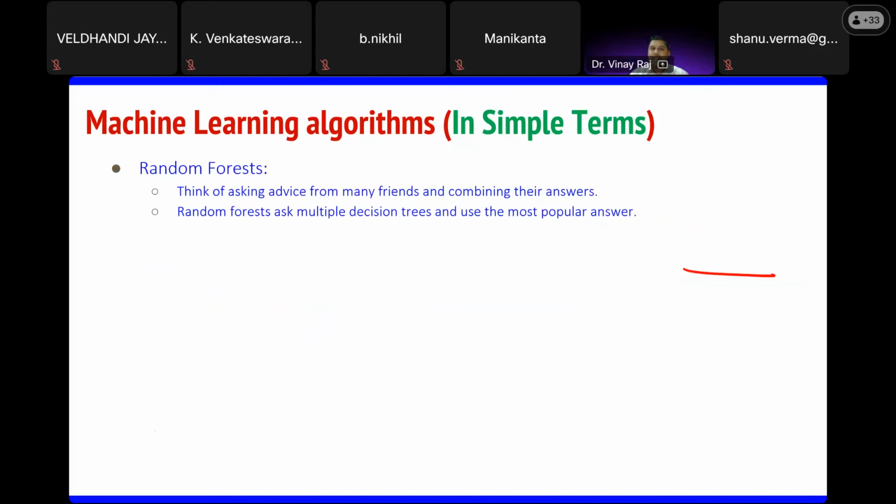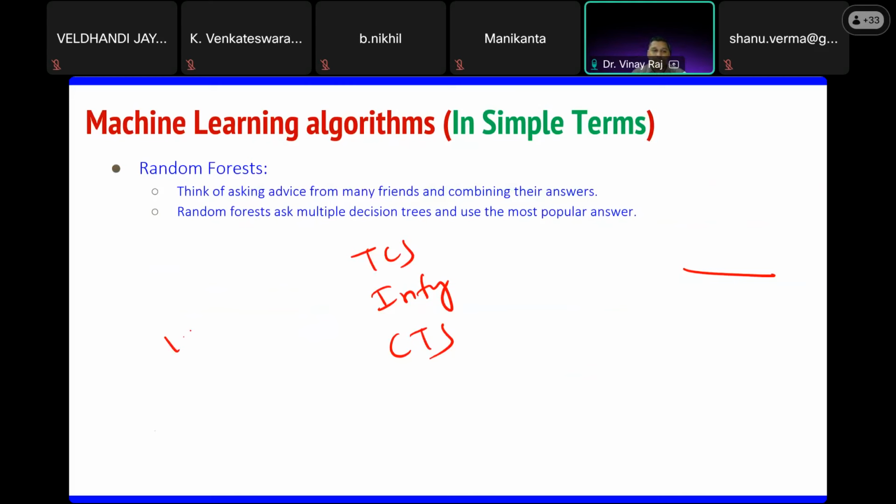Like I told in the example, you have got three company offers: TCS, Infosys, and also CTS. You have 3 offer letters. Which one should I join out of these 3? You have to make a decision. It is difficult.